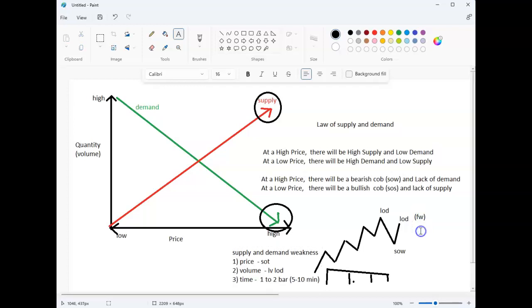It really doesn't matter. What matters is that you understand that price is at a high. What happened at that high?